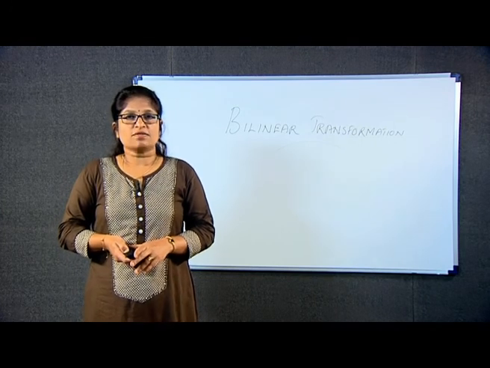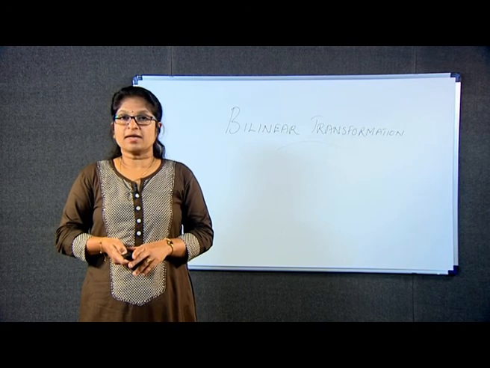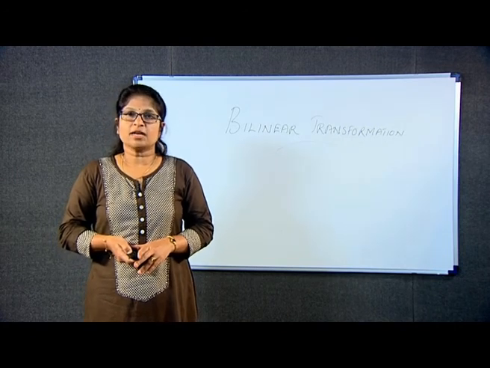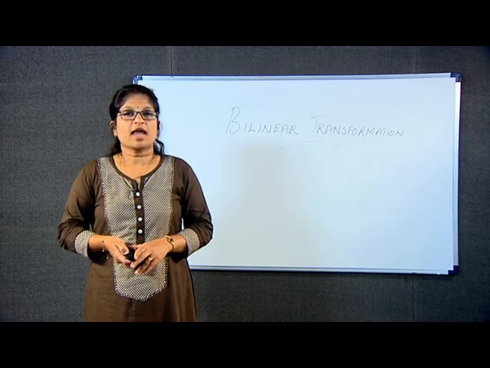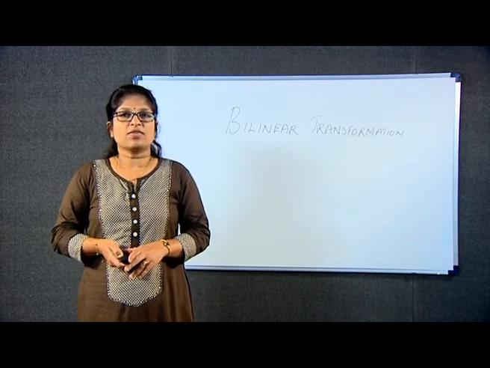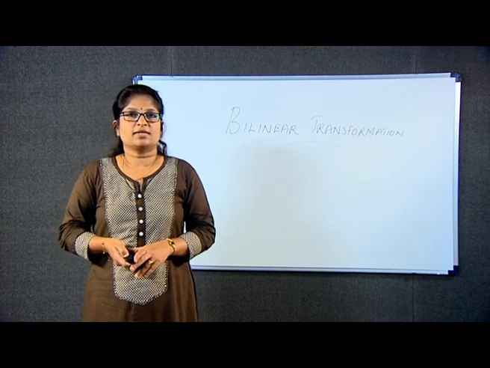Here, in your transformation, ad minus bc is called the determinant of the transformation. When your ad minus bc becomes 1, the transformation is said to be normalized.